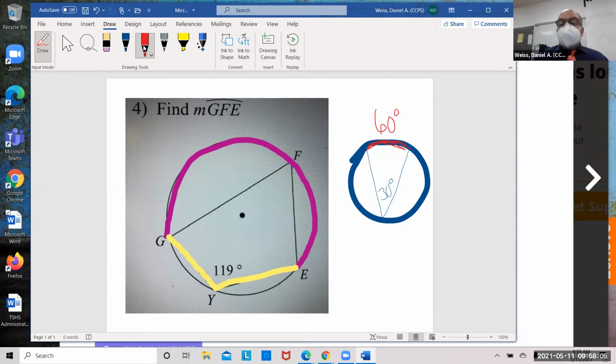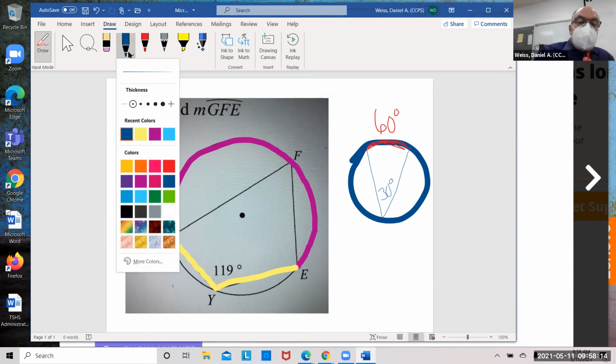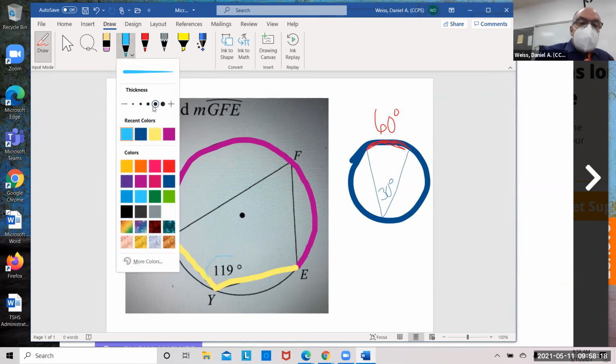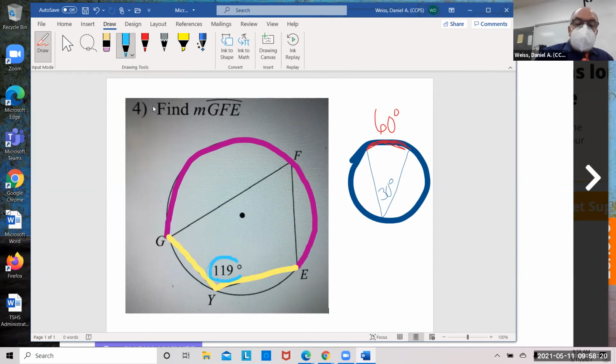Yes, Elijah? Same thing. Here, the angle is 119. What's the arc? What do you have to do with 119?